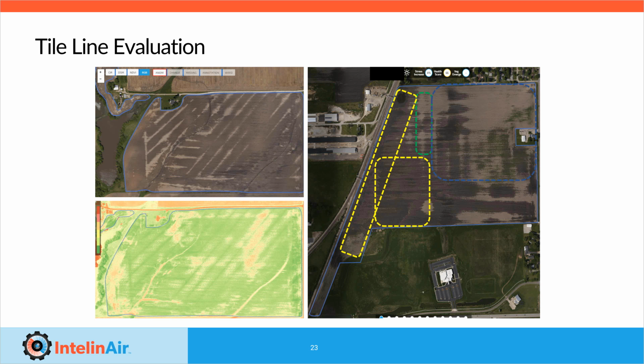And so that's something where you might have an issue if your tile line is plugged up or broken, and you might need to go out there and evaluate, is it actually working? Then we have the areas under the yellow boxes where there is no tile line at all. And you're able to look at the replant and you see the area where we have completely saturated soil. If that's going to be an area that needs replanted year after year, a map like this could really help justify going in there and installing tile in that section of the field.